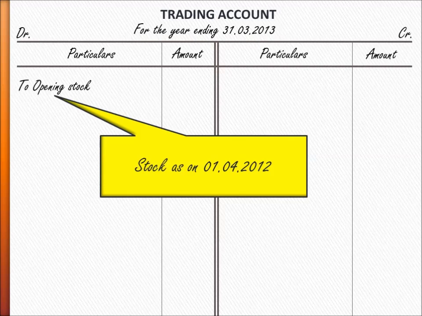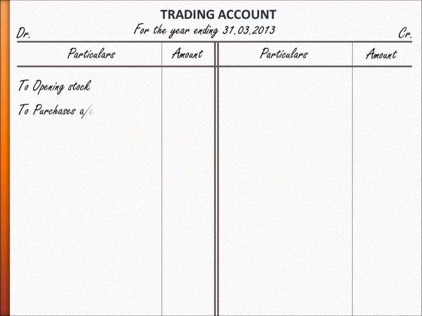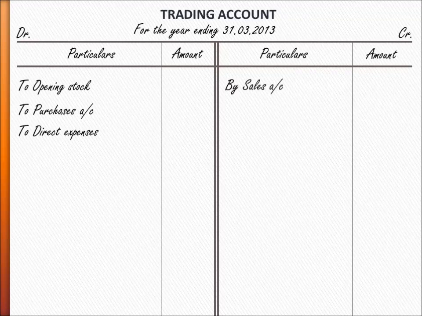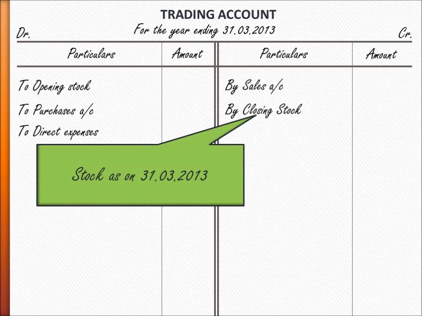Then the next item will be "to purchases," and then "to direct expenses." And on the credit side, at the top, please write "by sales" and then "by closing stock." Closing stock means the stock as on 31st March 2013.